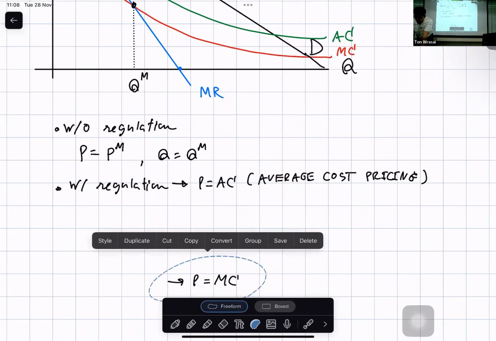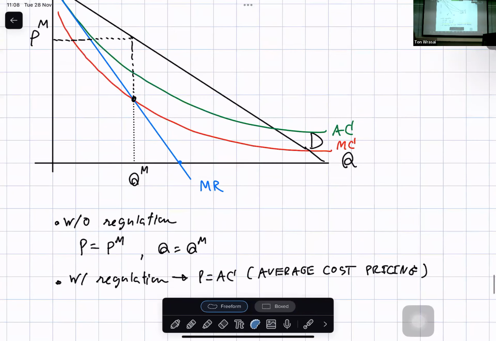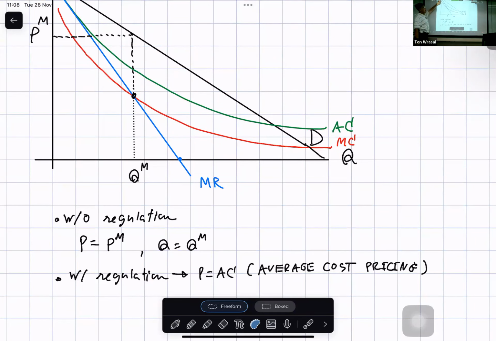Okay, then average cost pricing produced where demand curve will suggest about the price. Demand curve intersect with AC. That's average cost pricing. This spot.